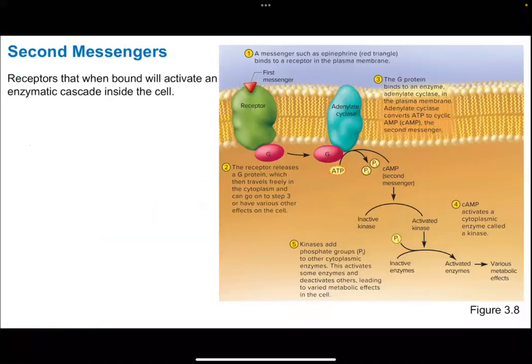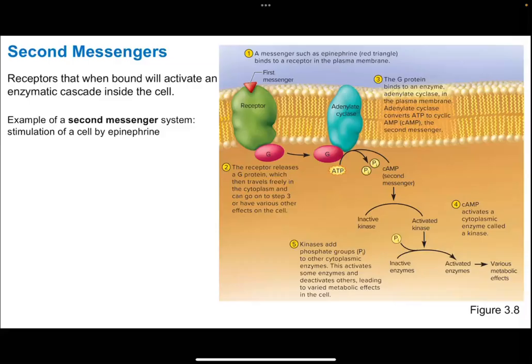Second messengers, again, are that other type of receptor protein that I talked about. And again, just to show you a figure from your book with details, this is going to be that receptor that when it binds its specific molecule, then it's going to activate a chemical cascade through the G protein.